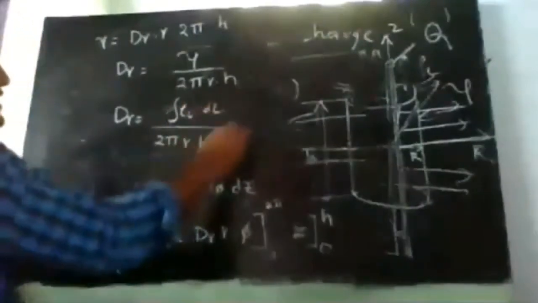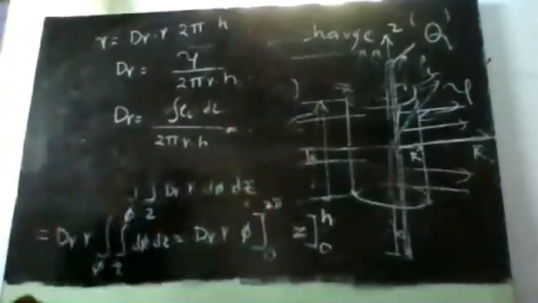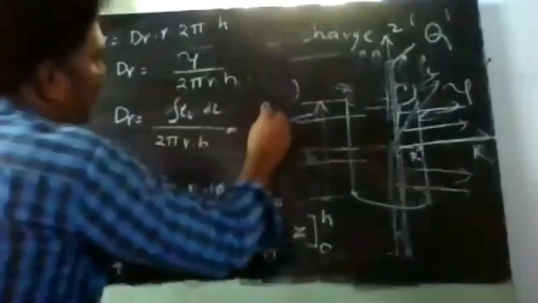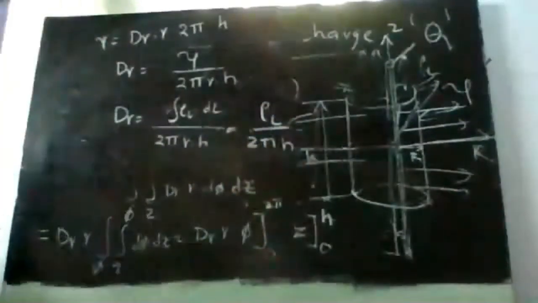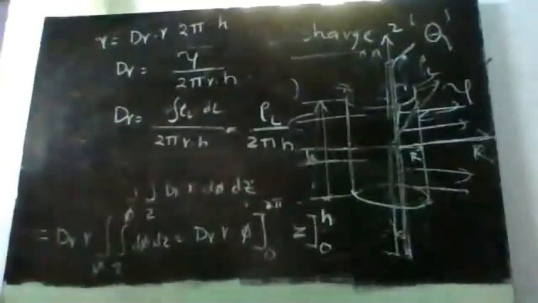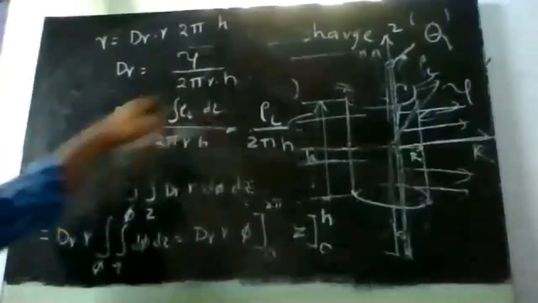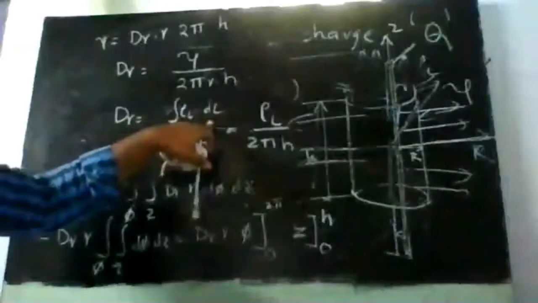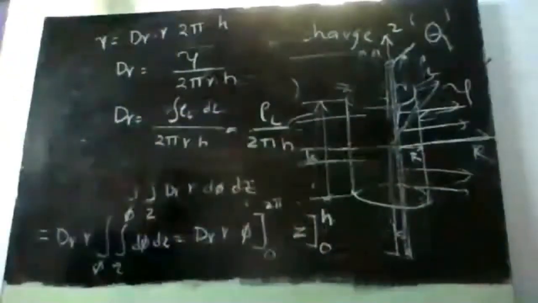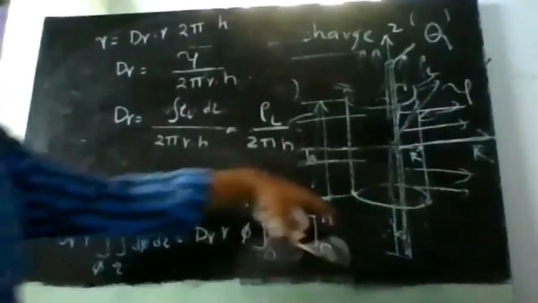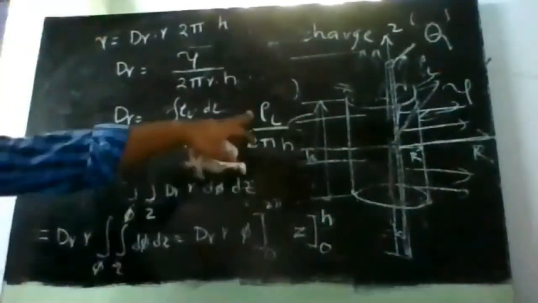Since the length here is considered as h, this becomes rho l by 2 pi r, and the integral of dl gives the length.